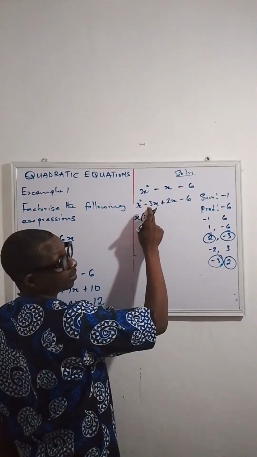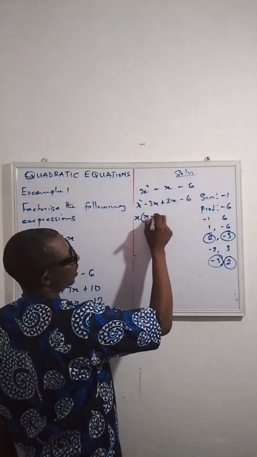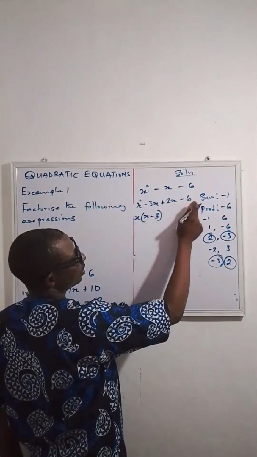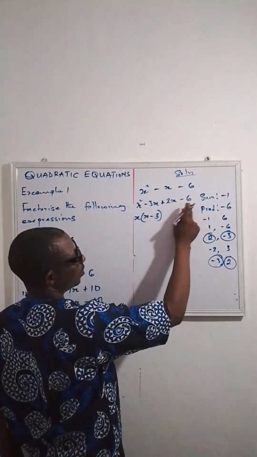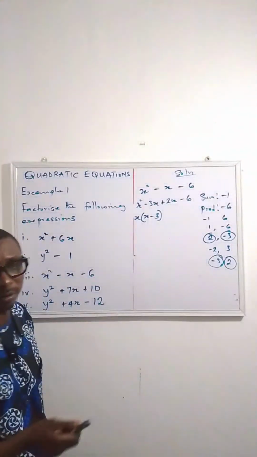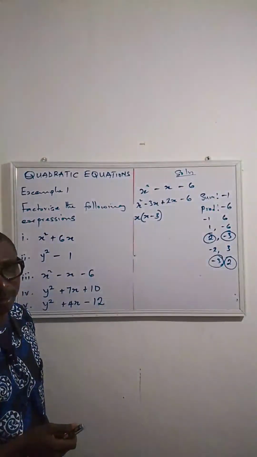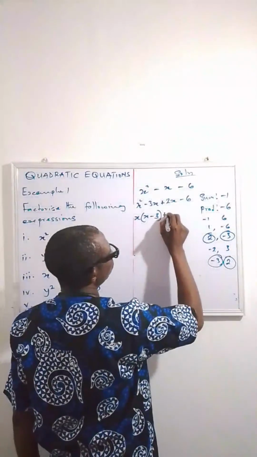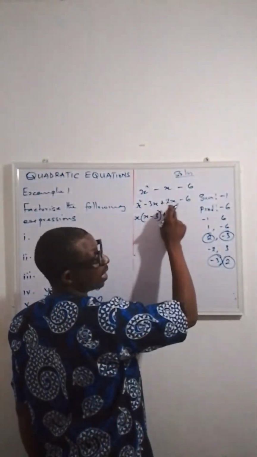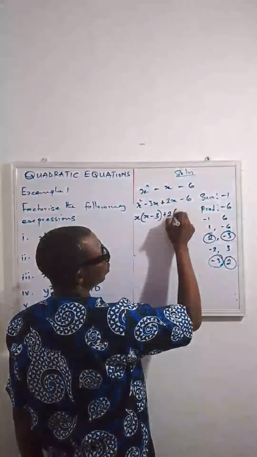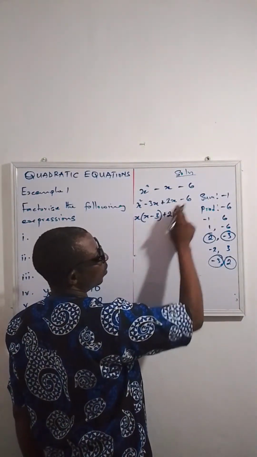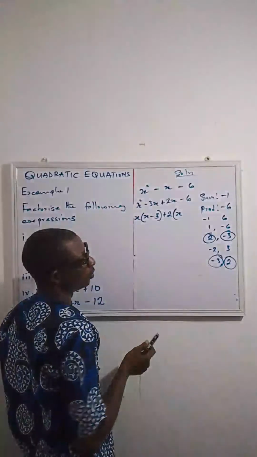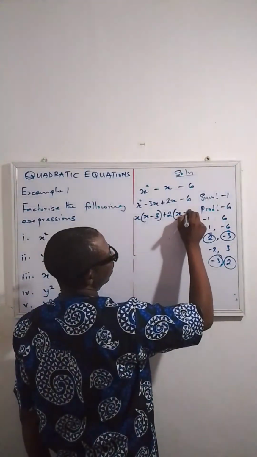You divide minus 3x by x, you have minus 3. The same thing also applies to the second pair. So what is the common factor? The GCD, that is plus 2. Now when you divide 2x by 2, you are left with x. When you divide negative 6 by 2, you have negative 3.